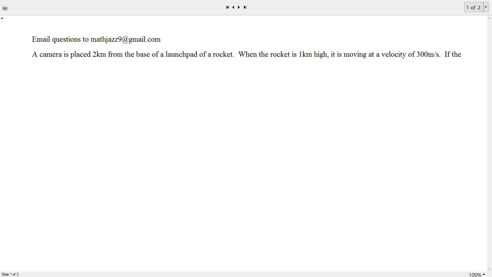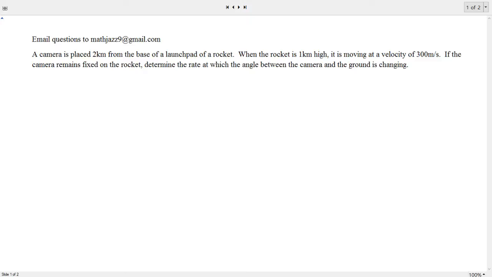If the camera remains fixed on the rocket, determine the rate at which the angle between the camera and the ground is changing. Okay.